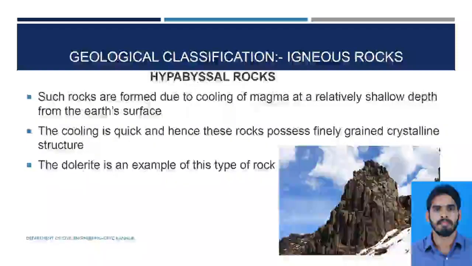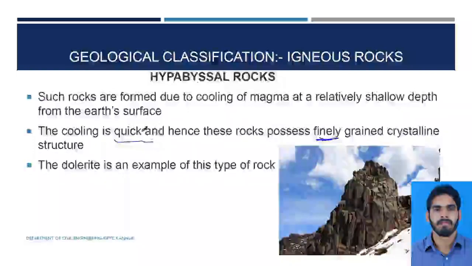Okay, what happens to the plutonic rocks? Cooling. What about the cooling? The cooling is very slow. In hypabyssal rocks, what happens? Cooling is quick. And hence these rocks possess finely grained crystalline structure. The one thing you have to note here is that when the cooling is quick or fast or swift, what happens? It becomes more fine.